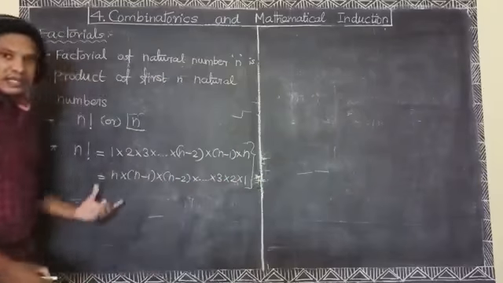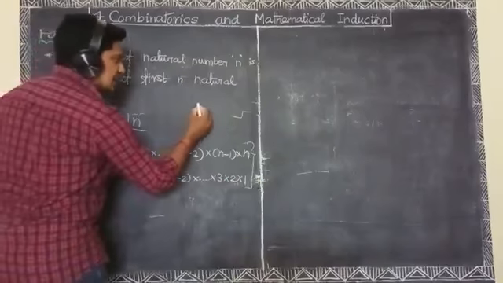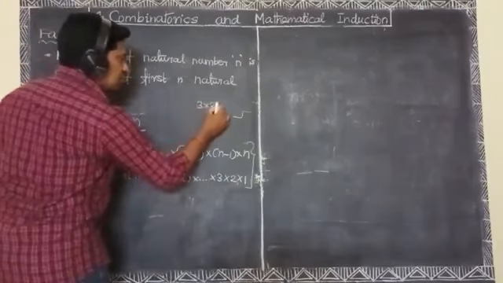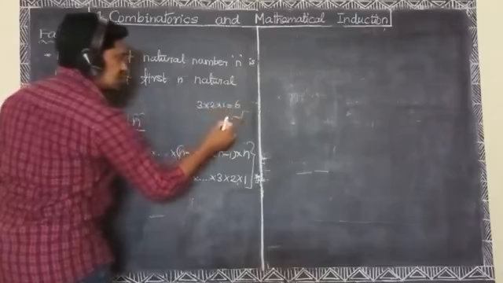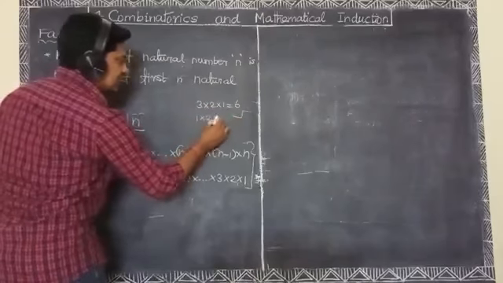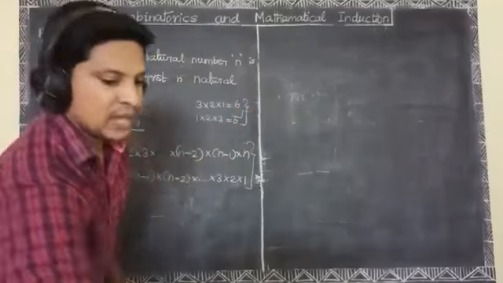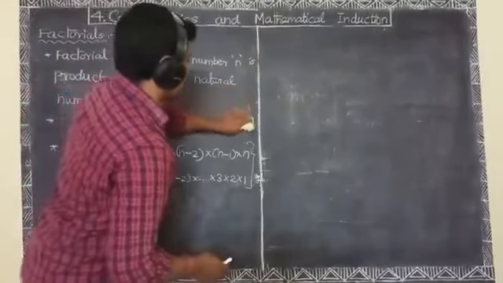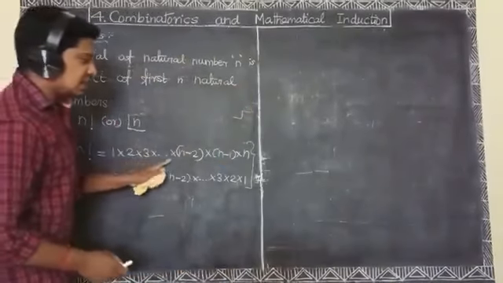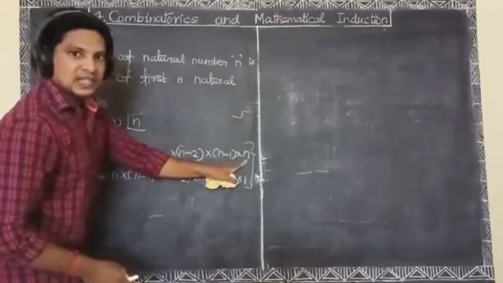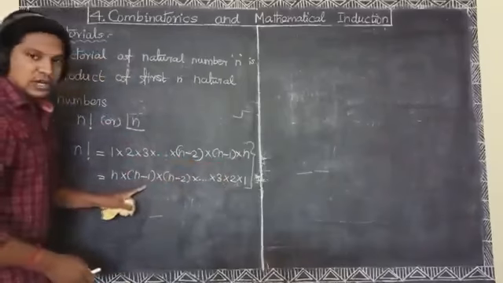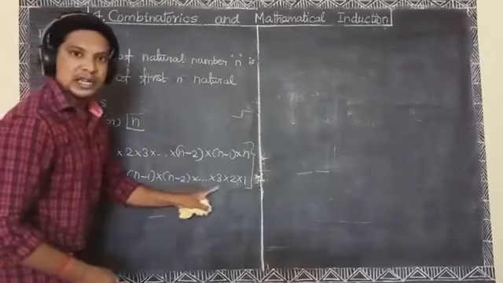For example, 3 into 2 into 1 gives 6, and 1 into 2 into 3 gives 6, so both processes are the same. Similarly, 1 into 2 into 3 and so on up to n is equal to n into n minus 1 into n minus 2 and so on into 3 into 2 into 1.